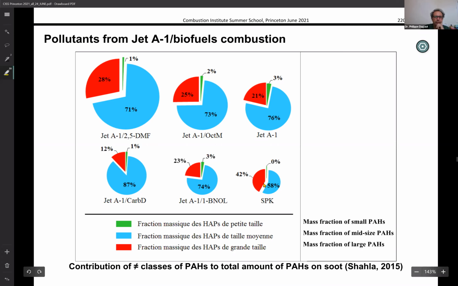But interestingly, the fraction of heavy PAH is larger with this fuel than with the others. Of course, the composition of these fuels is so complex that it's difficult to propose any good reason for these results. But it clearly indicates that it's not because you are using a bio-derived fuel like this one that it will be a cleaner fuel. It's not always the case.